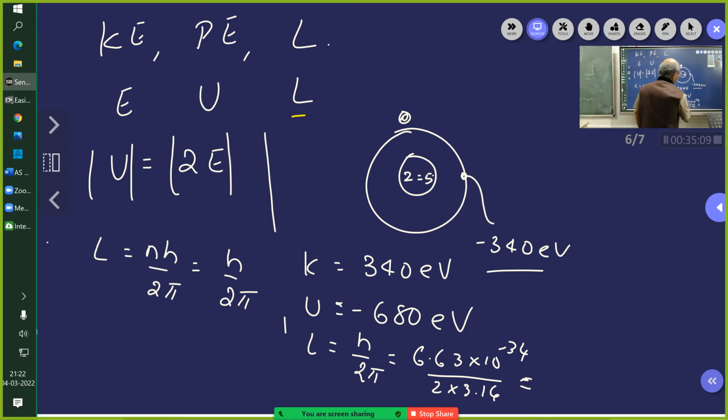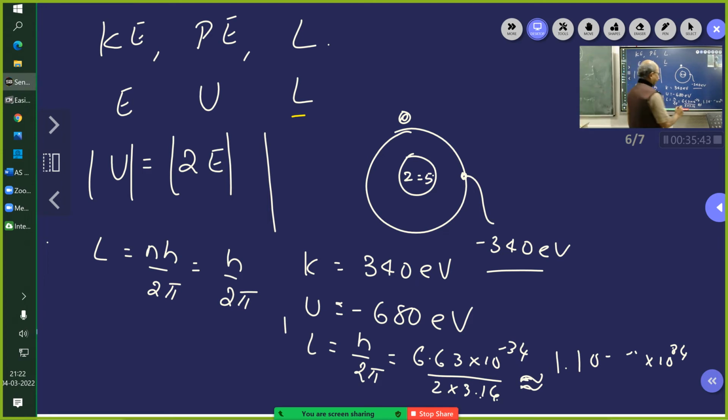If you take this one, 2 threes are 6, so the top is 6. It will not be 1.16 because it is 3.14, so 2 into 3.14 will be equal to 6.28.